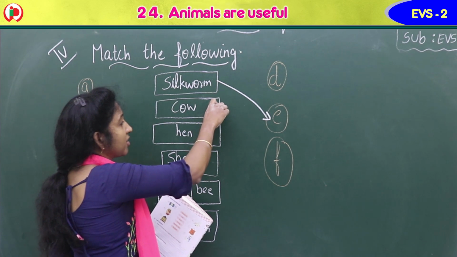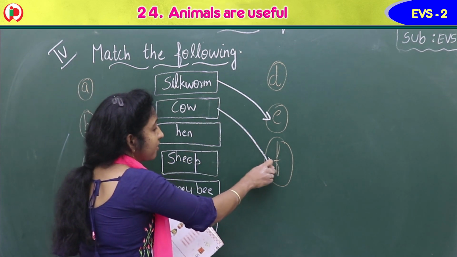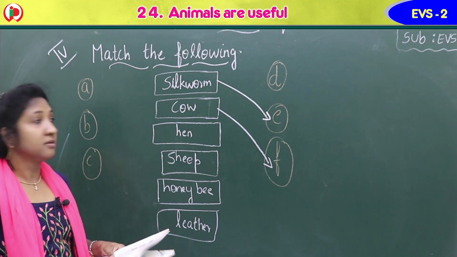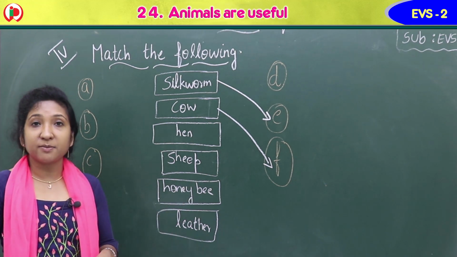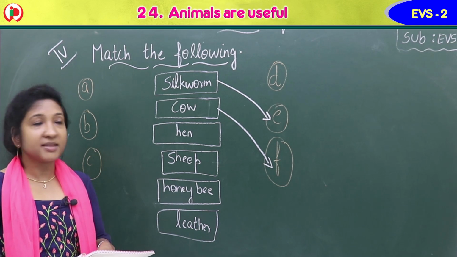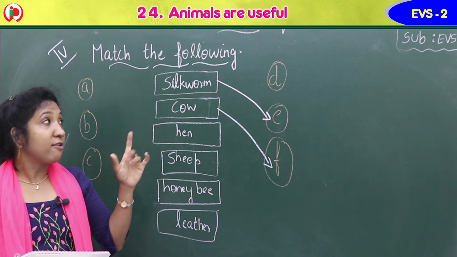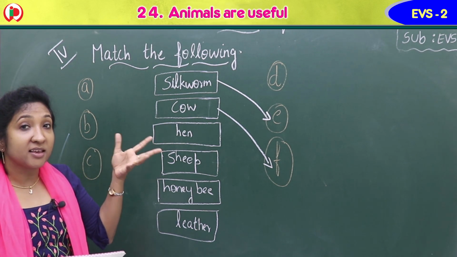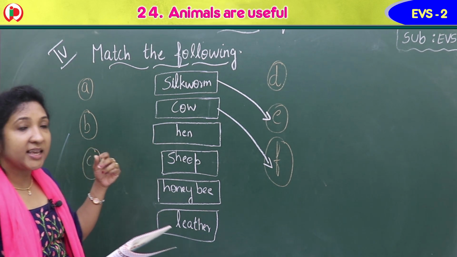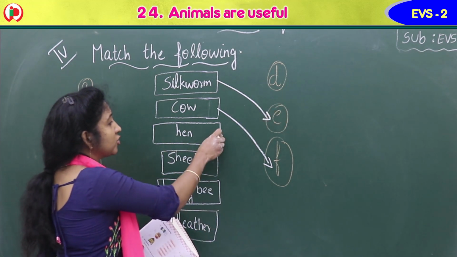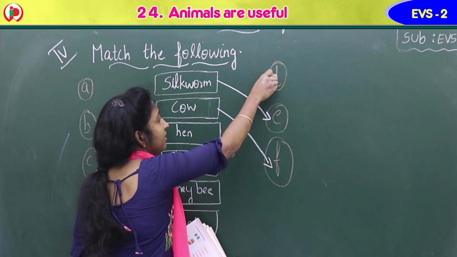So you can match cow to F, means milk. Now hen. Hen gives us eggs, isn't it? Yes. In which letter is that egg image there? Yes. D. D is the image of eggs. So hen you can match to D.